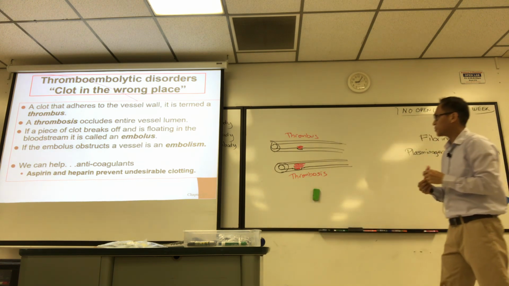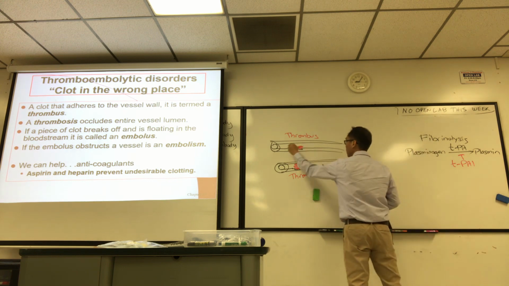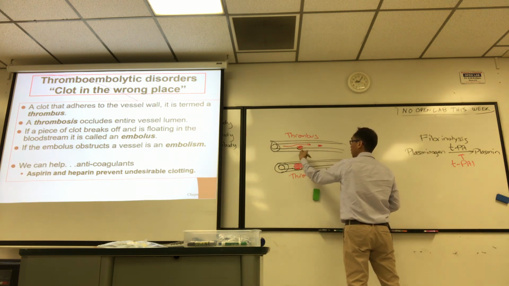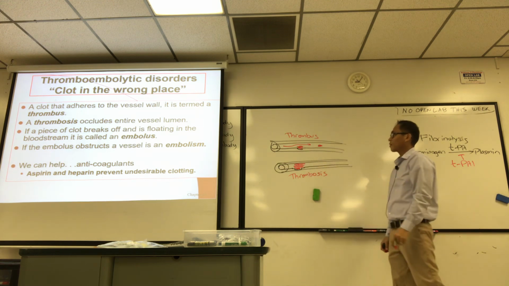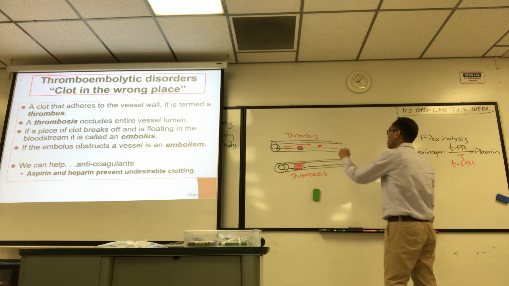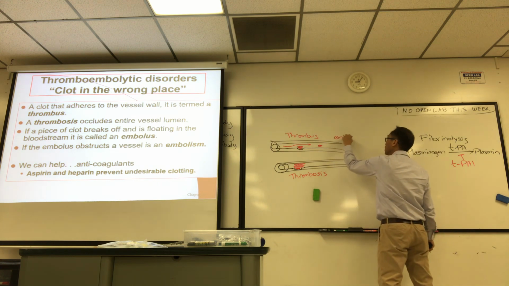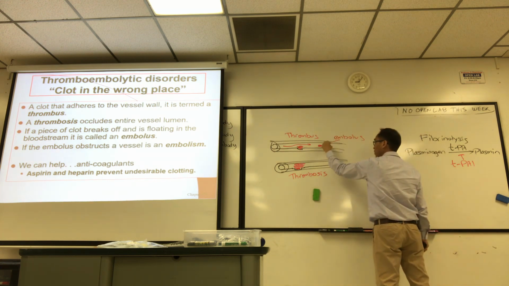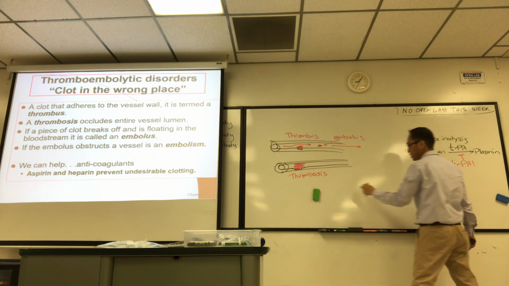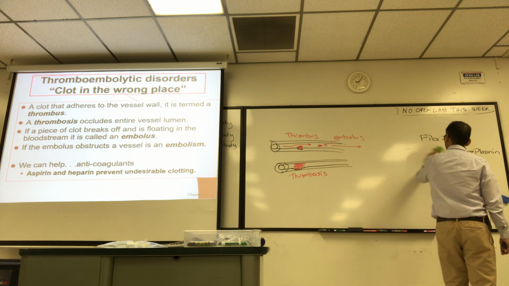And other terms. Let's say this top situation, a piece breaks off. The flowing blood makes a little piece break off of the one that's stuck there. And that little piece floating is called an embolus. That little piece floating there. But let's say it floats downstream as it goes to a smaller blood vessel.